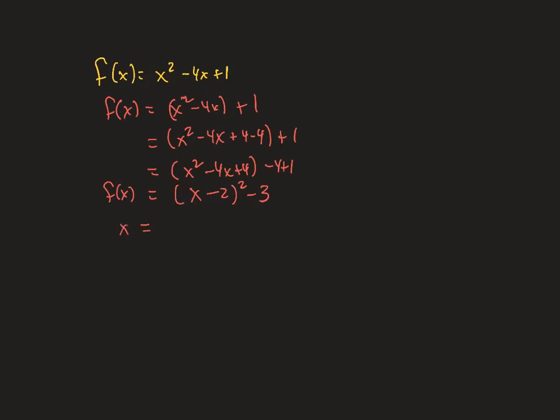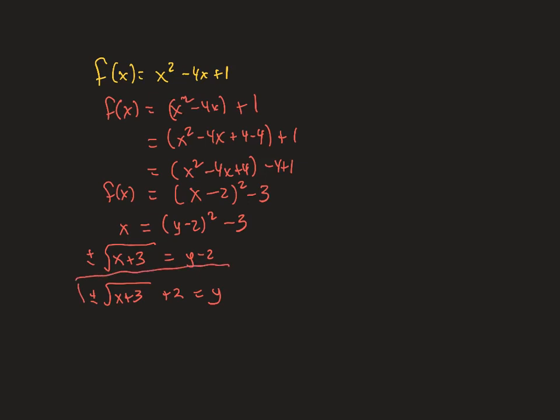So x is equal to y minus 2 squared minus 3. And you want to isolate your y, so you want to get it by itself, add 3 to both sides, square root, so it's going to be plus or minus, and add 2 to both sides, so y equals plus or minus square root of x plus 3, plus 2. And this is my inverse.